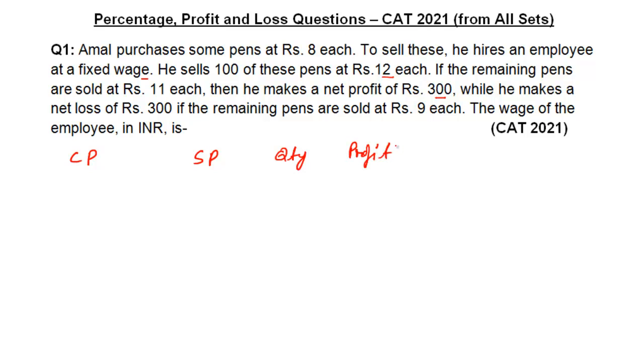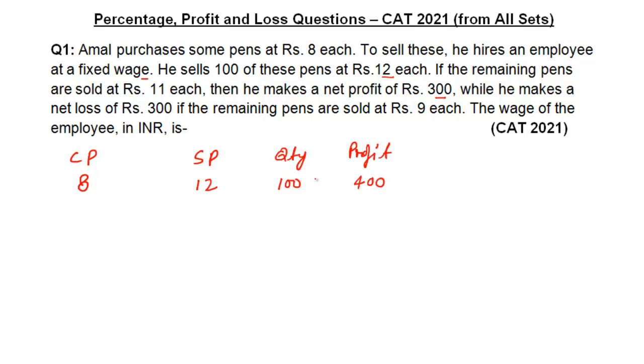His cost price is 8 rupees per pen, and 100 quantity he sold at rupees 12, right? So 4 rupees per pen, so the profit is 400 for 100 pens sold at the selling price of 12.